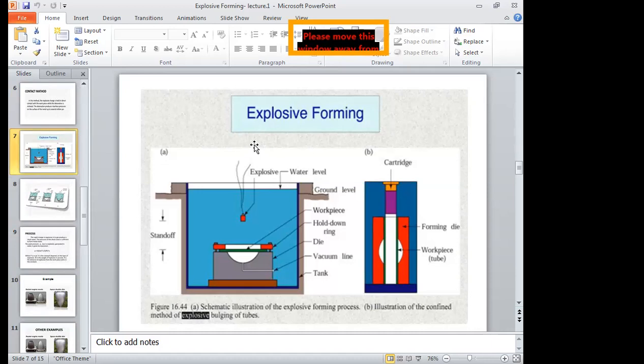The vacuum is created, or by pressure the air can be removed through the vacuum line, and there is a tank. The distance between the explosive and the workpiece is called the standoff, and B is shown for the two forming dies.